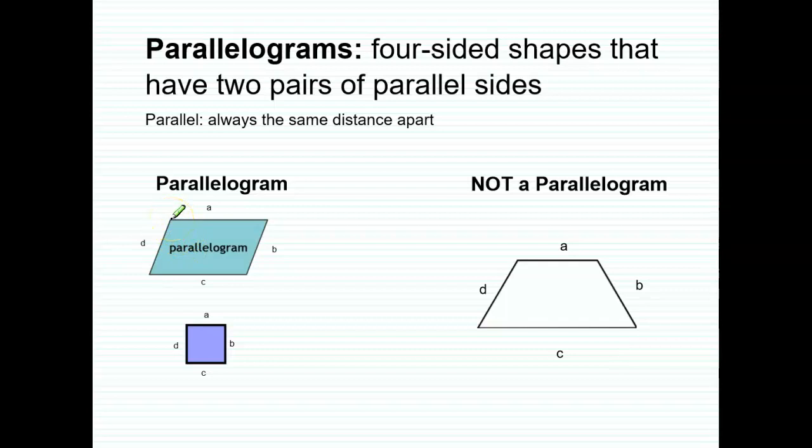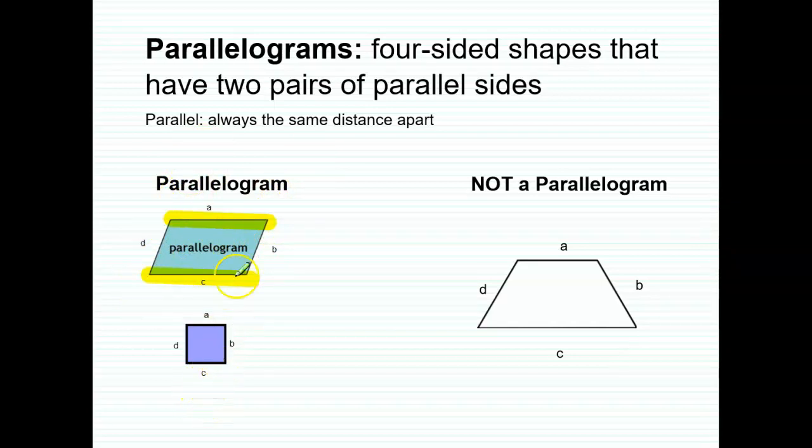That means that they will always be the same distance apart. So you notice that A and C are going the same direction, and they would always stay the same distance apart. B and D are also parallel. No matter how long the lines continued, they would stay the same distance apart.